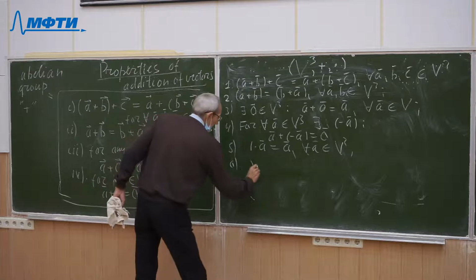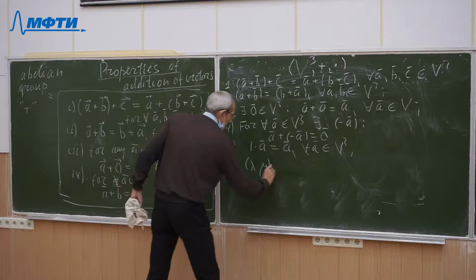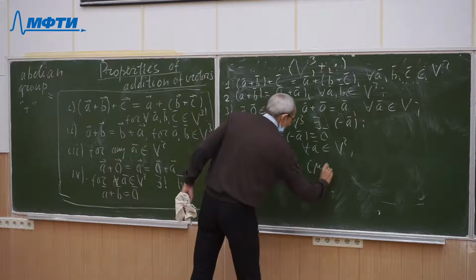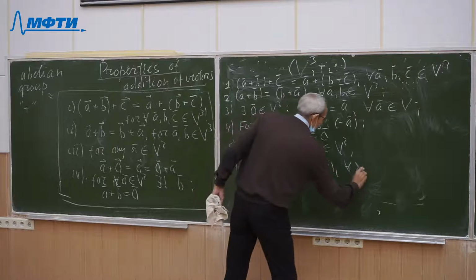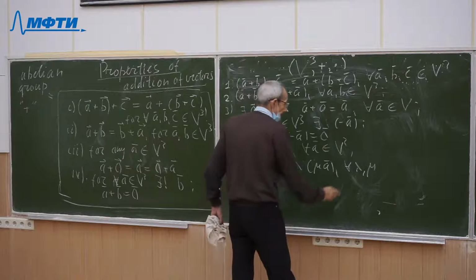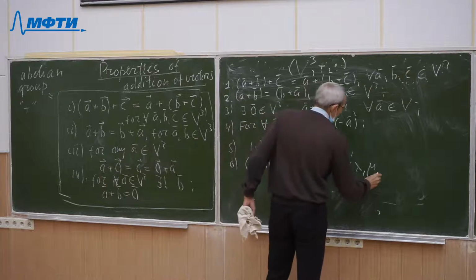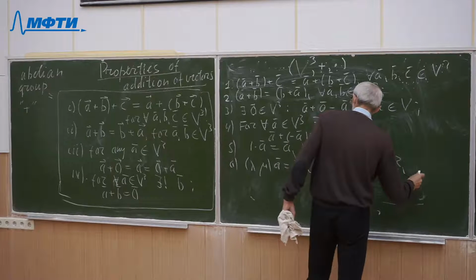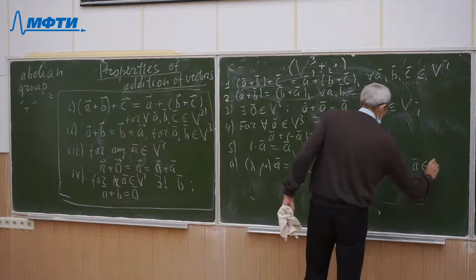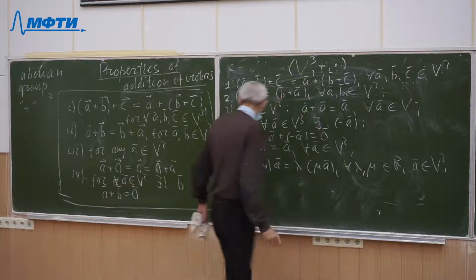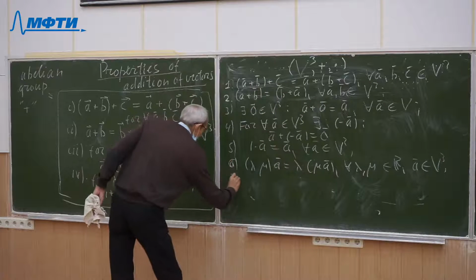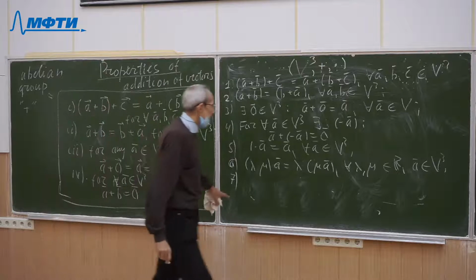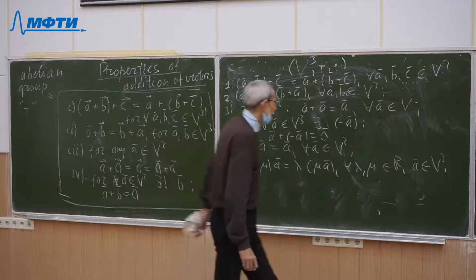Sixth, for all real numbers lambda, mu and any vector A. And the last two properties, the distributivity properties.